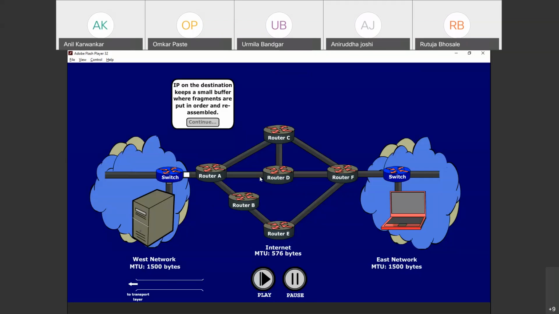And there are various algorithms which define the shortest path, and all these routers maintain this shortest path in terms of cost, bandwidth, and weightage. In terms of distance, one of the algorithms is distance vector routing.